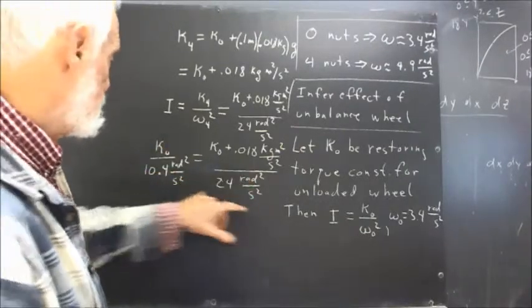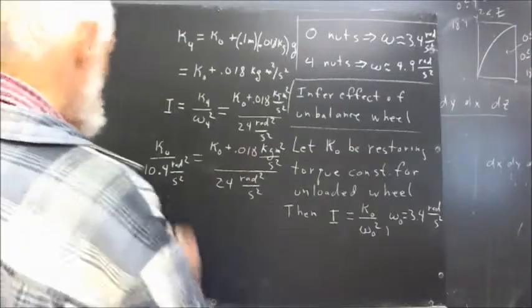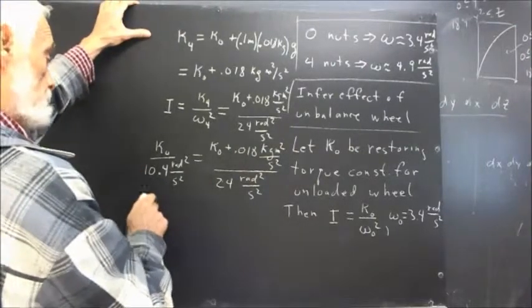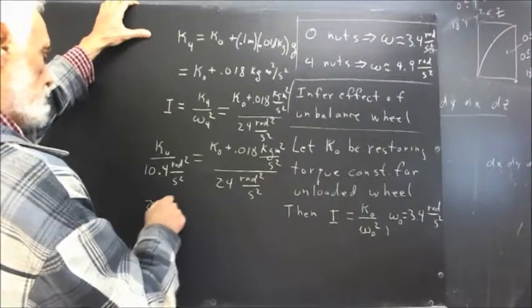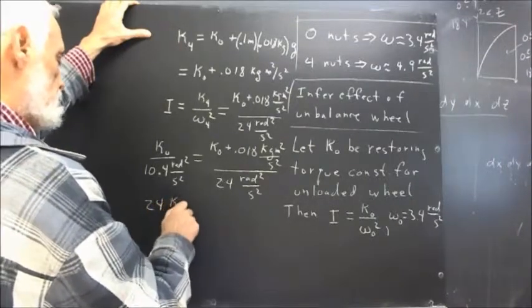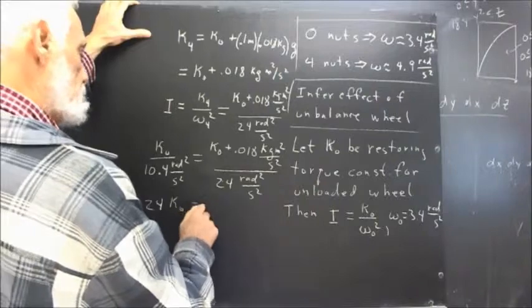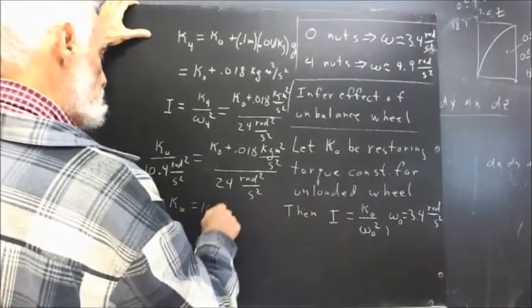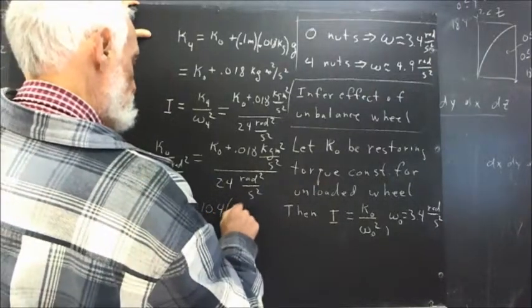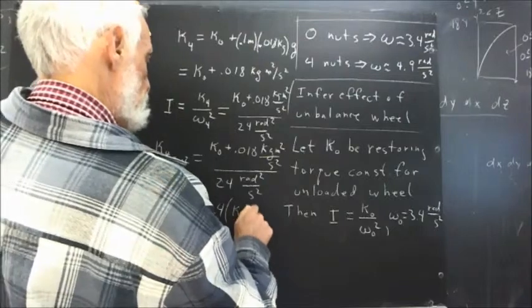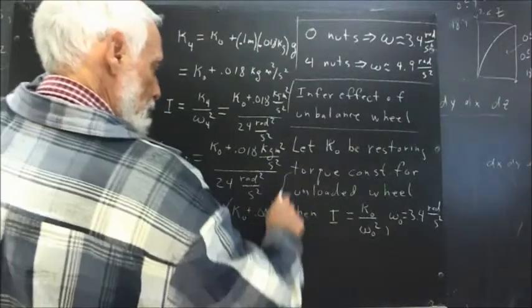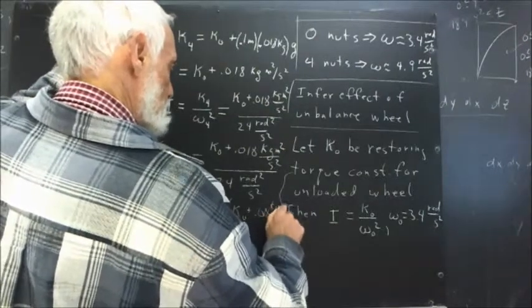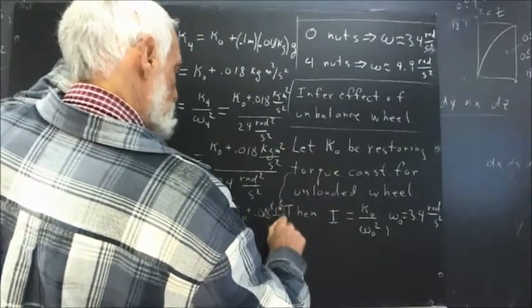The radians squared per second squared can be divided out of the equation, and let's put it this way: 24 kappa naught equals 10.4 times kappa naught plus 0.018, and I'm at it again, it's kilogram meters squared per second squared.